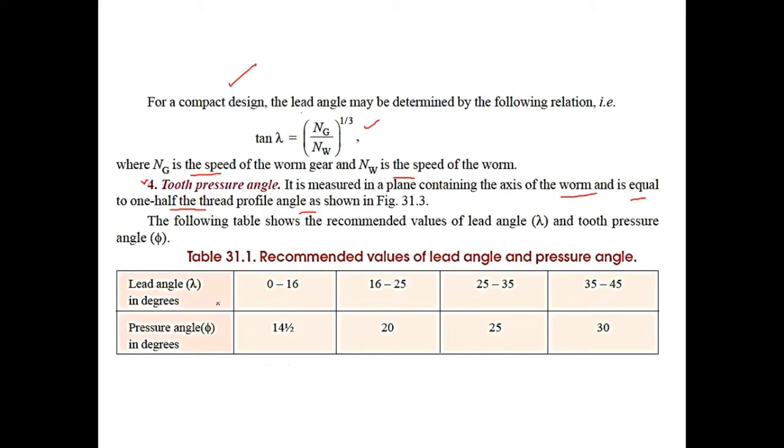So here he is giving the relation in table form, lead angle and tooth pressure angle. If this is the lead angle in degree, 0 to 16, 16 to 25, 25 to 35 and 35 to 45, then corresponding to these values, the pressure angle may be 14 and a half, 20, 25 and 30.